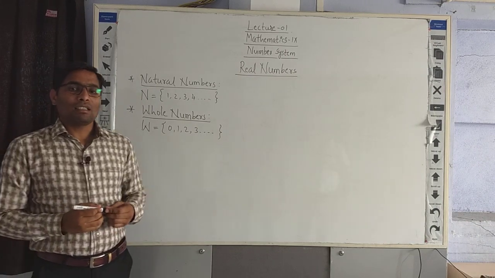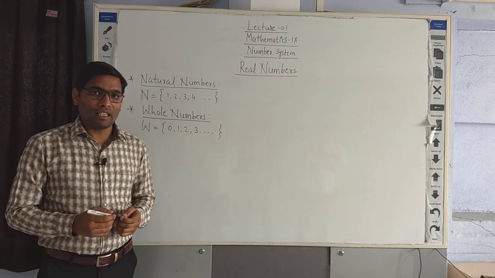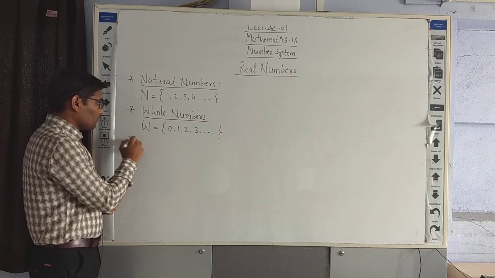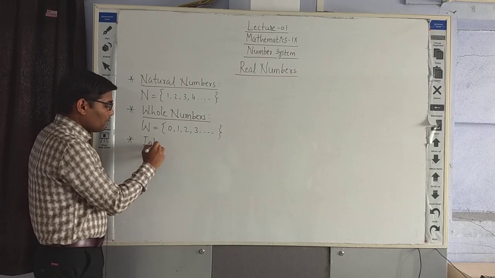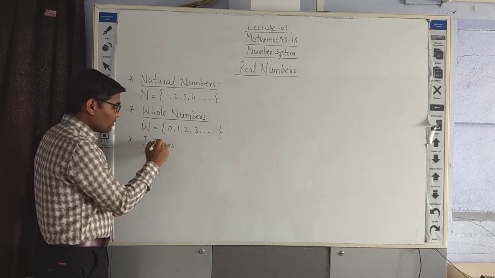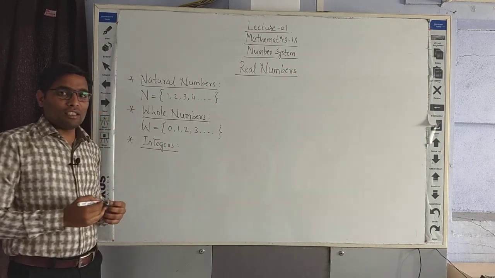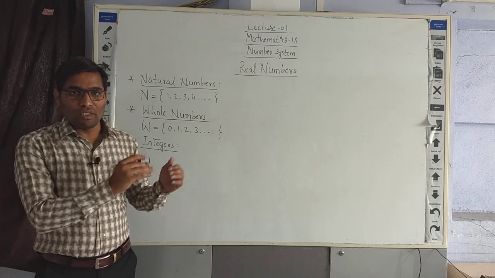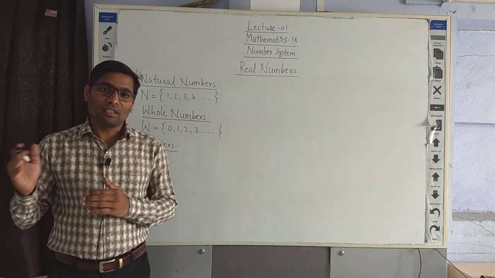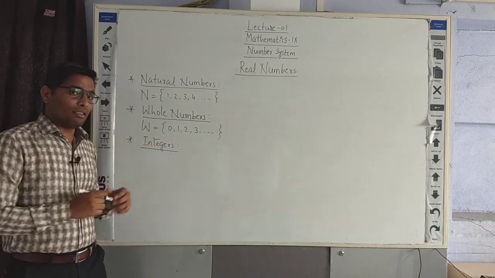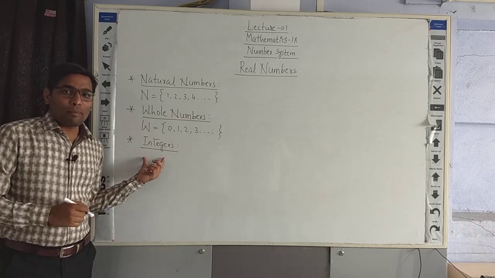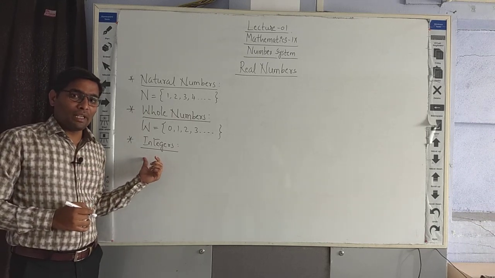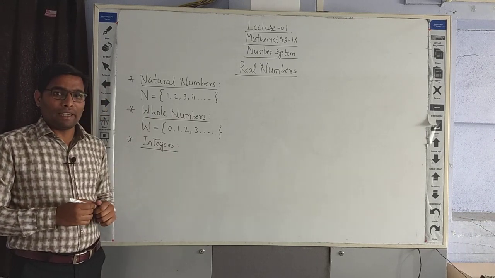Moving to the third type of number, that is integers. Integers means a set or a combination of positive integers, negative integers and 0, and capital Z is used to indicate the set of integers.